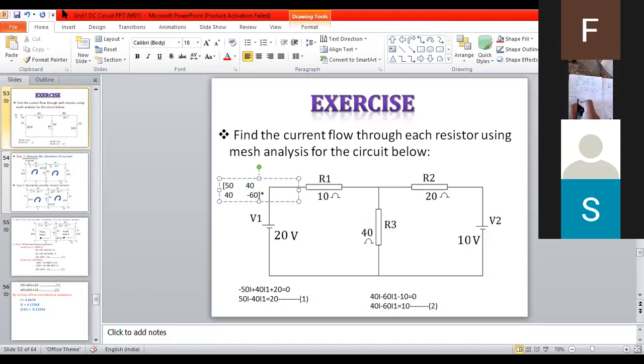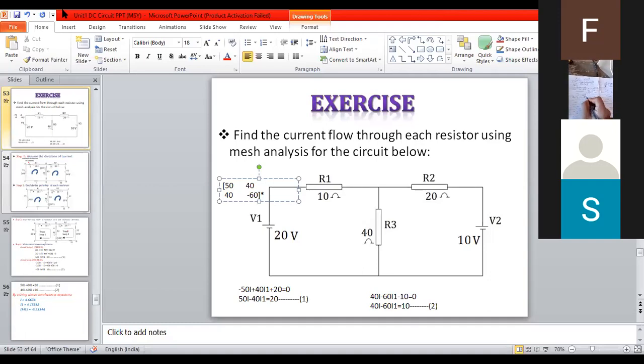Next, delta 1 I have to do. Whatever the first column is there, I will substitute the equating values here now. Instead of 50, 40, I will substitute 20, 10. First column is replaced by equating values. Minus 40, minus 60, I will write as it is here.